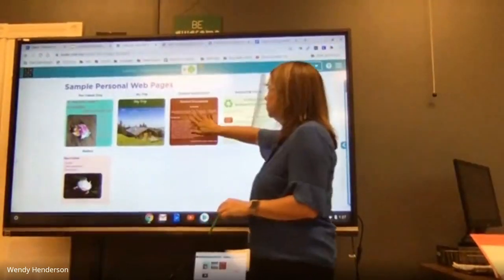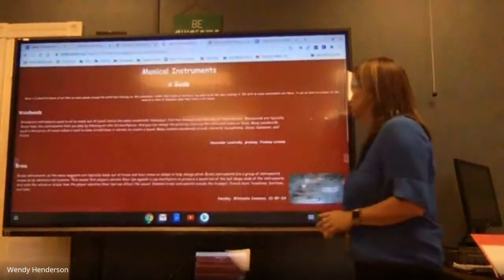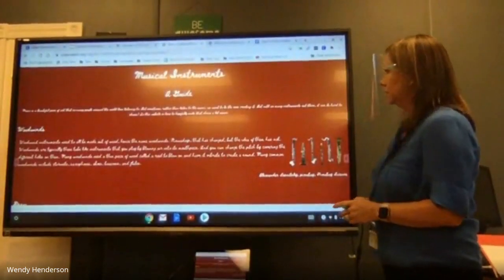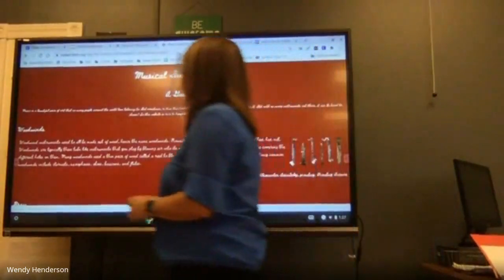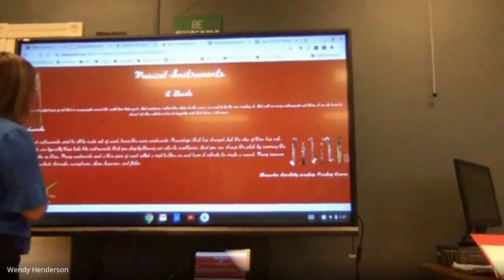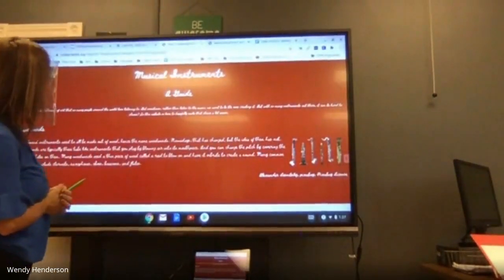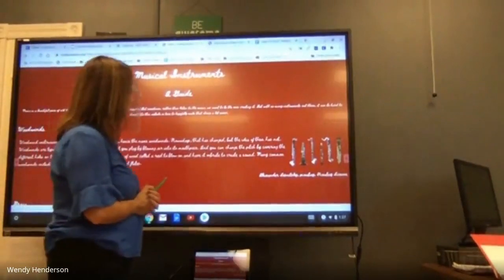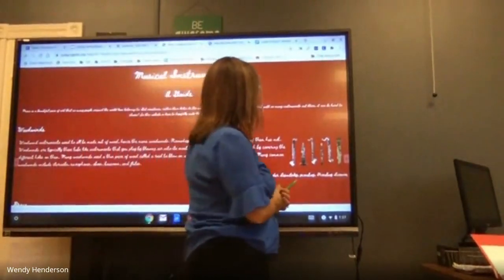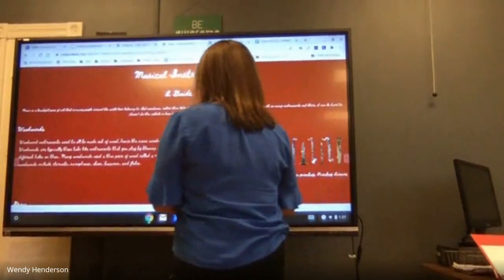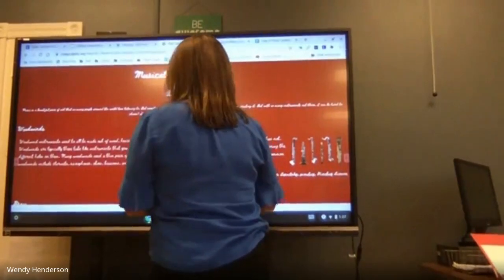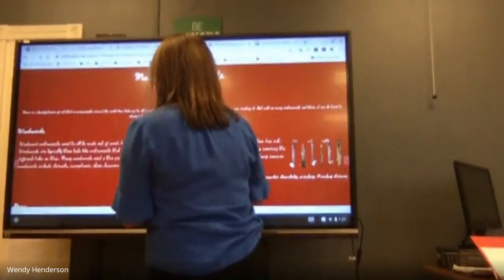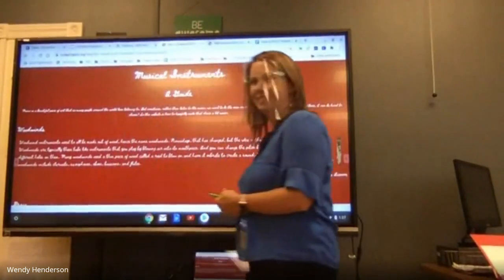Yes, musical instruments, a guide. Let's look at that one. I can barely even read that text.